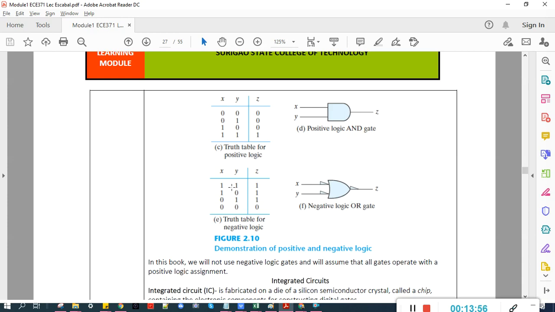And then we try to find the implementation of this using the logic diagram. And this is the result.